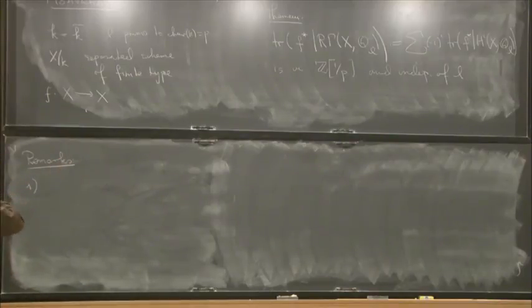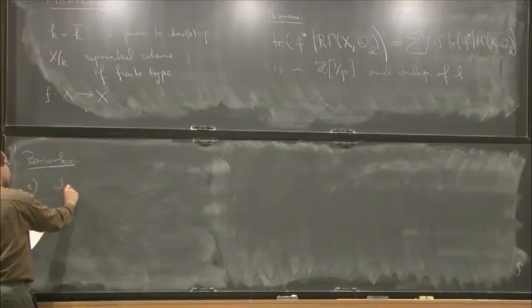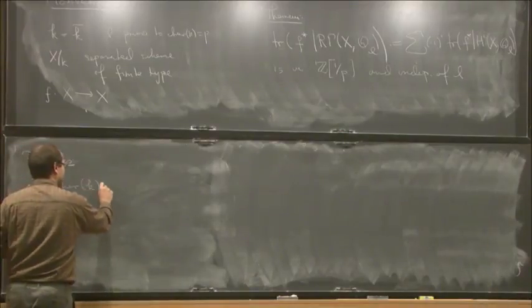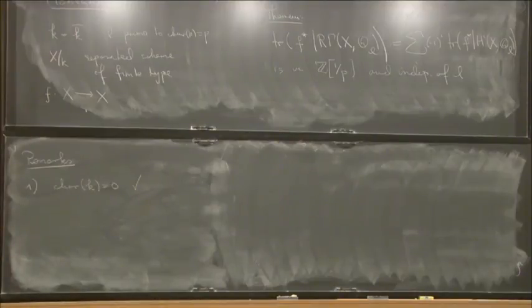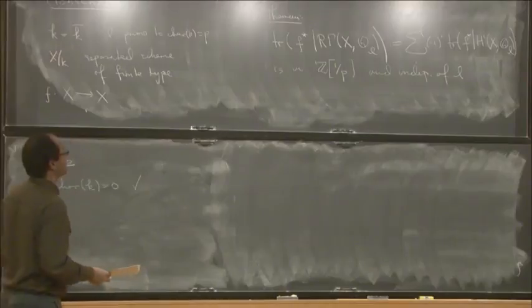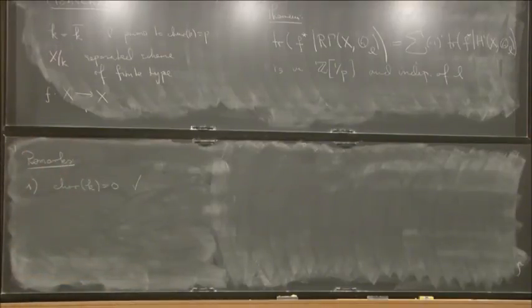So the first remark is if the characteristic is 0, then this is standard because you can compare with singular cohomology and Q coefficients, and so then it's clear.